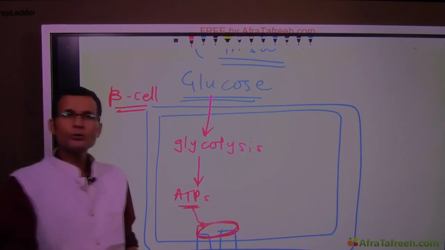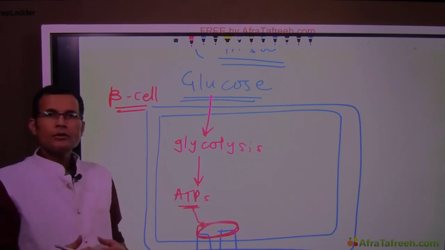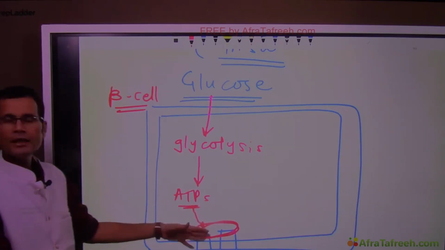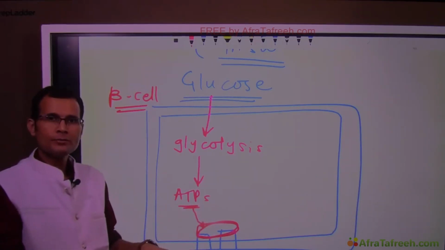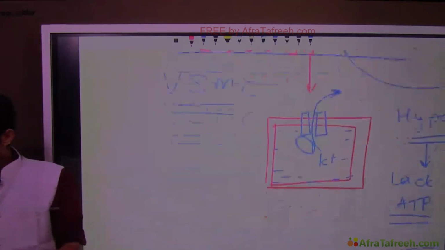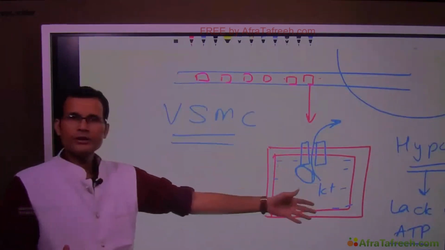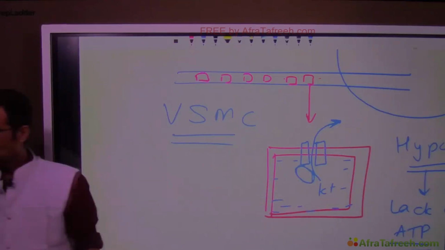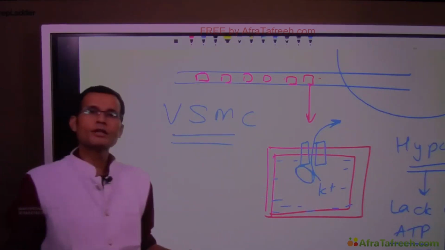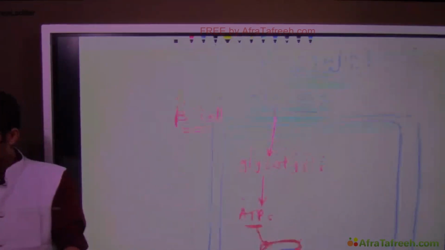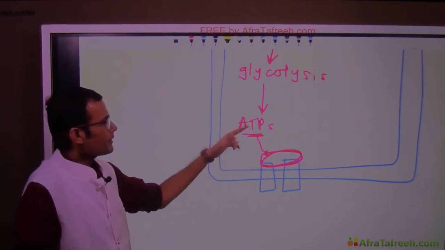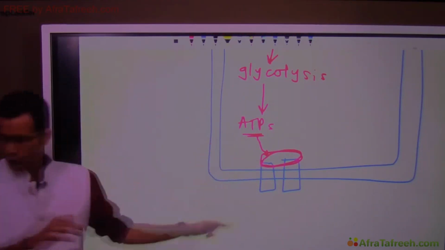Now it should be clear to you that when there are ATPs generated inside the cell, the ATP sensitive potassium channel closes. And if there is hypoxia and no ATP generation, then the channel remains open. It cannot close. No ATP, no closure of the channel. ATP generated, channel closes. So the ATP sensitive potassium channel closes.